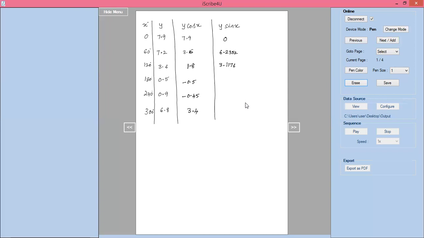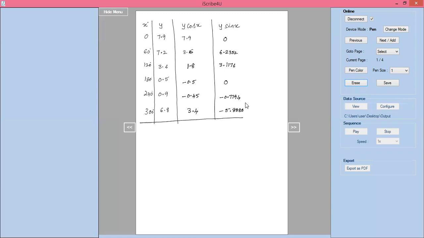Next, 0.9 into sin 240 is minus 0.7794. 6.8 into sin of 300 is minus 5.48.